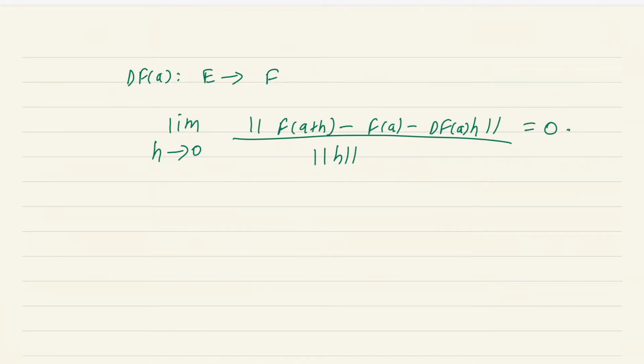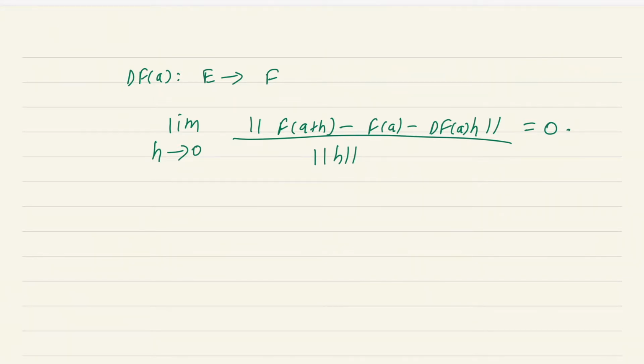In fact, you can even delete the norm. This norm in the numerator is actually not needed. Even without that, the definition is true. You can formulate this in alternate ways.